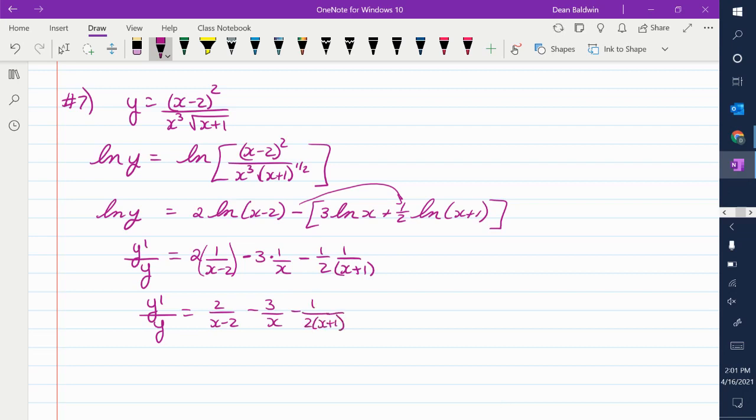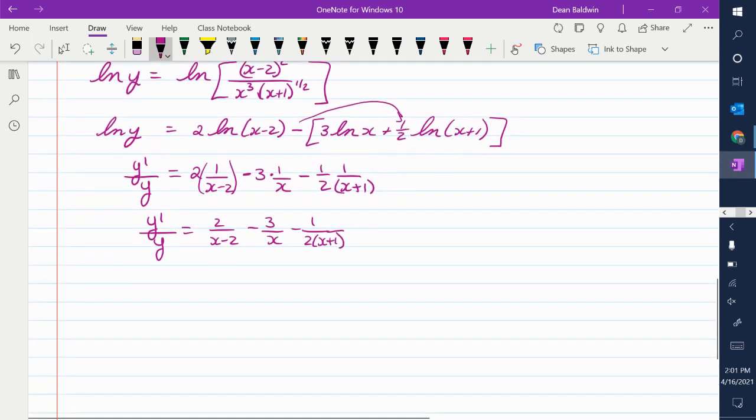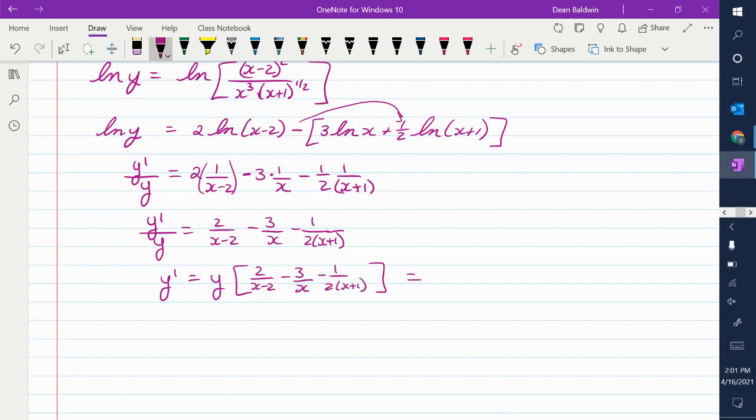Okay, we're not quite done yet. We're trying to find what? If I ask for the derivative, y primed. How do I get y primed here? Multiply the y up. So then you get y prime is equal to y times this. What's y?